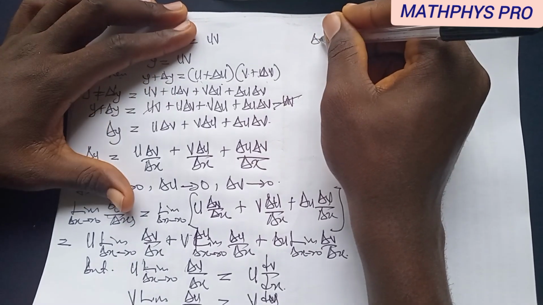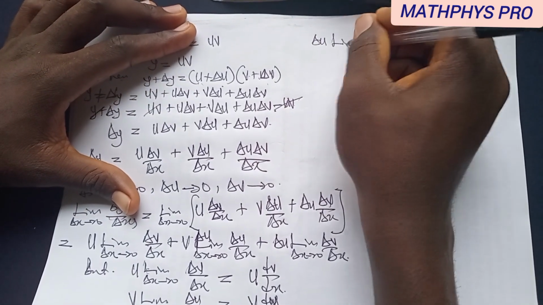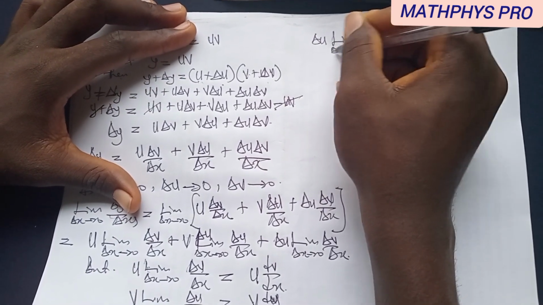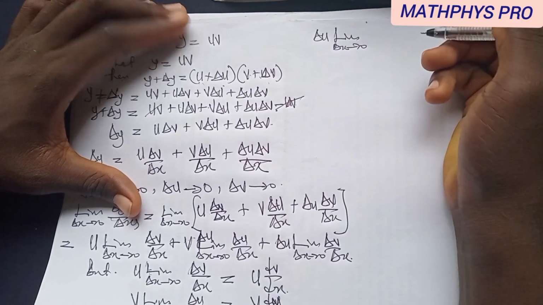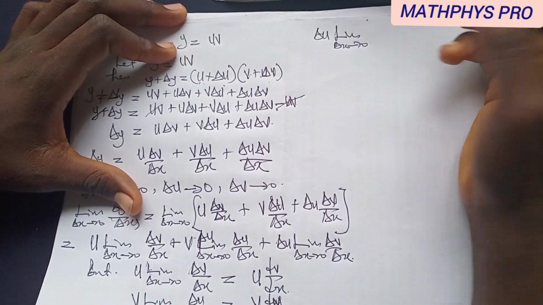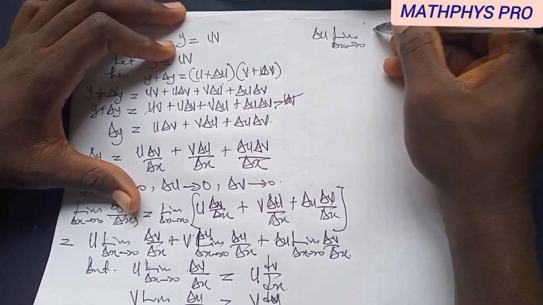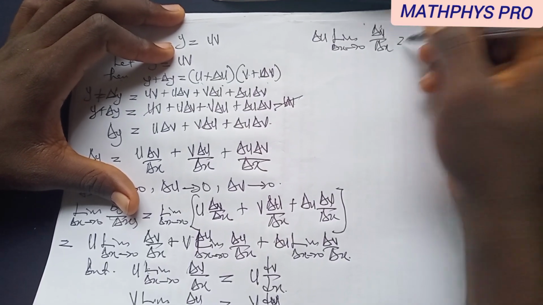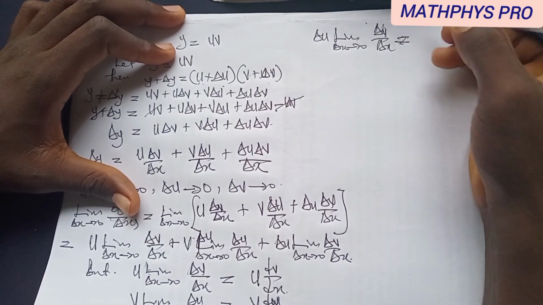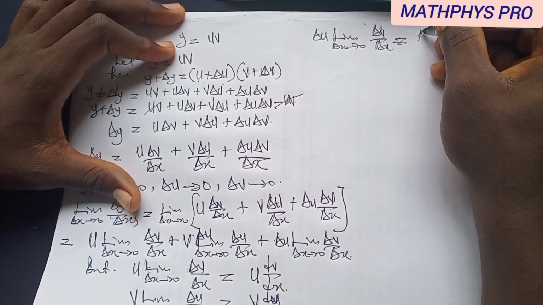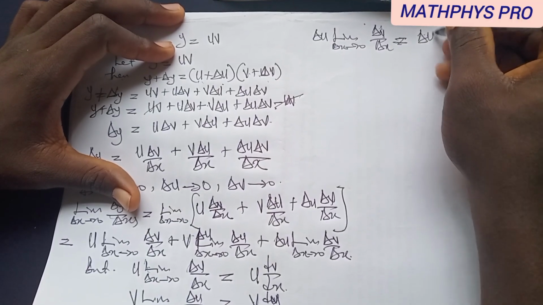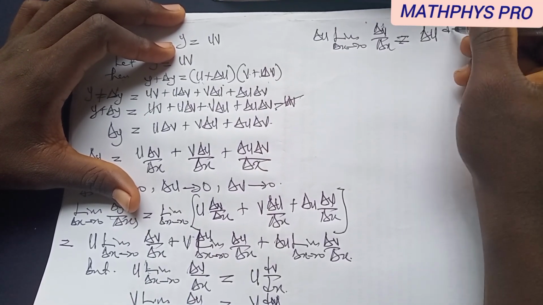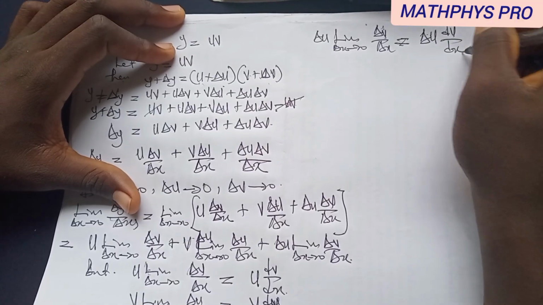Likewise, the limit of change in u can also be written as change in u times dv over dx.